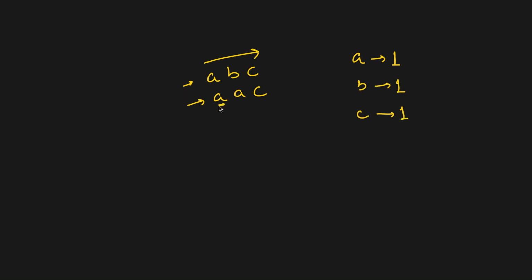Okay, now we'll iterate the second string and start reducing the count. So here we'll reduce it to 0, and when we are here, the count is already 0. Okay, so that means this A in this string, the A appears more times than in the first string, so we'll return false.